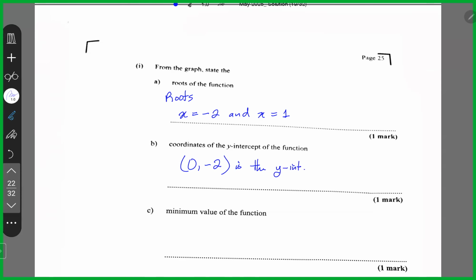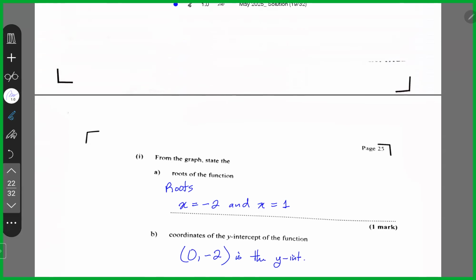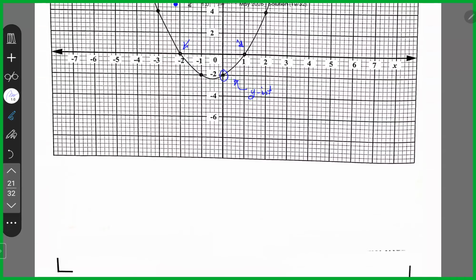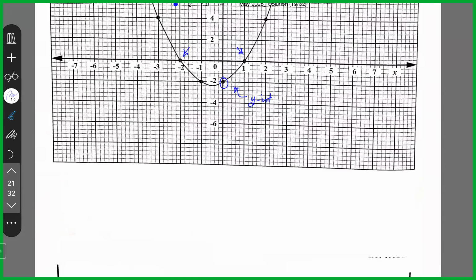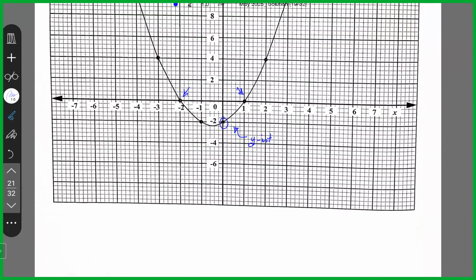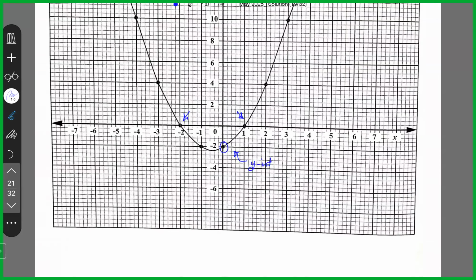The minimum value of the function, all right, and we're using the graph. The minimum value of the function is in the dead middle between, so here is the minimum value of the function. As a minimum value, it just passed 2.